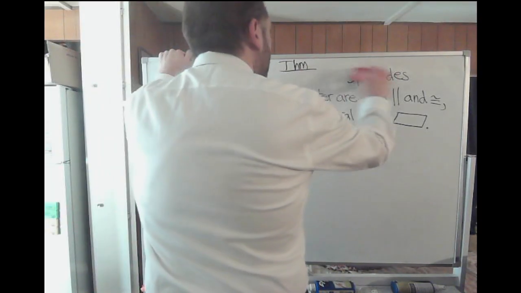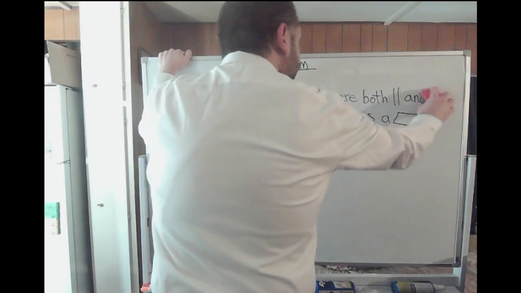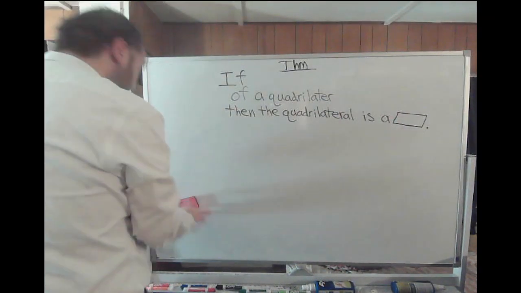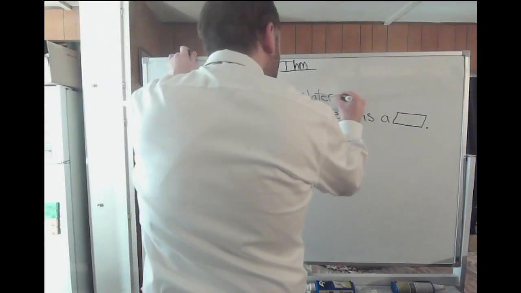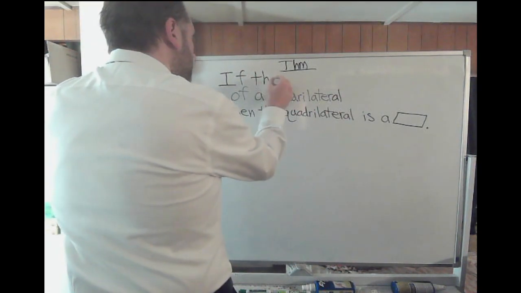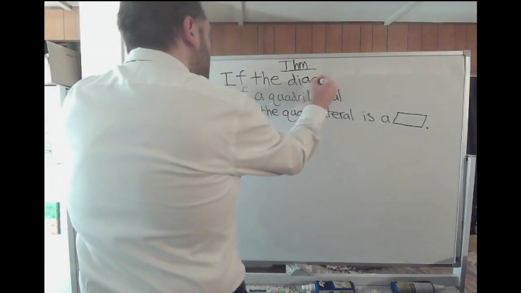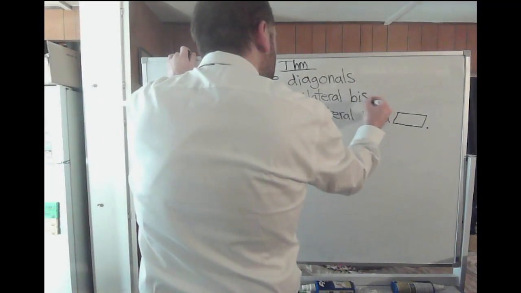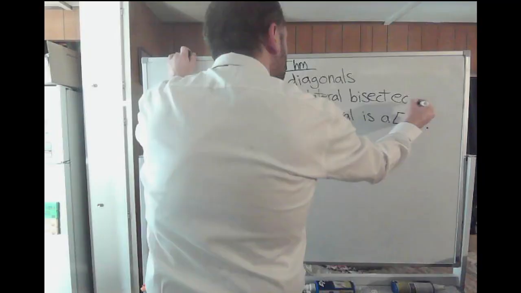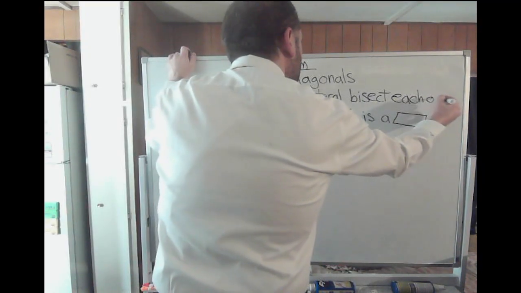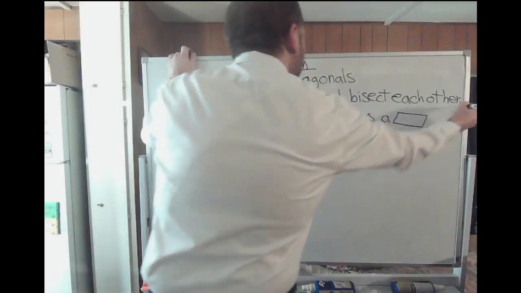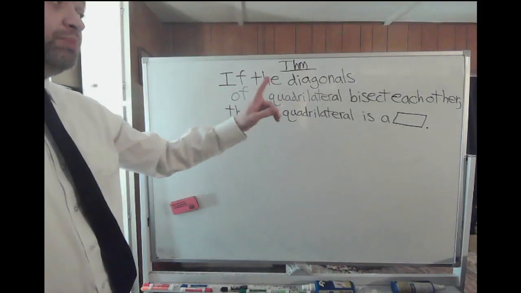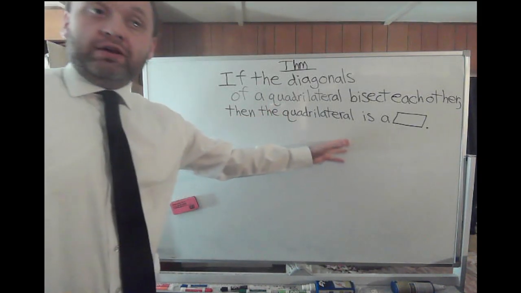I got one more theorem. It'll be a converse to one of yesterday's. Okay, so the last theorem for today is that if the diagonals of a quadrilateral bisect each other, then the quadrilateral is a parallelogram.